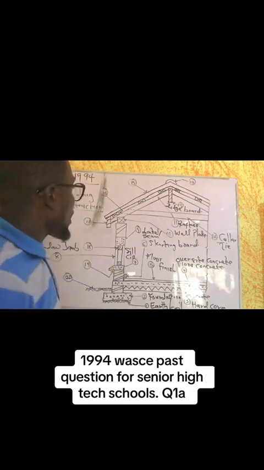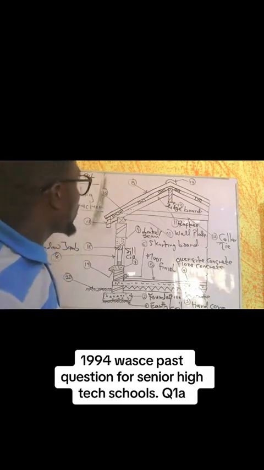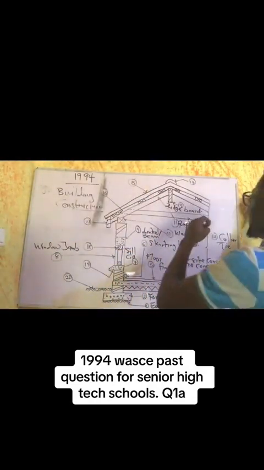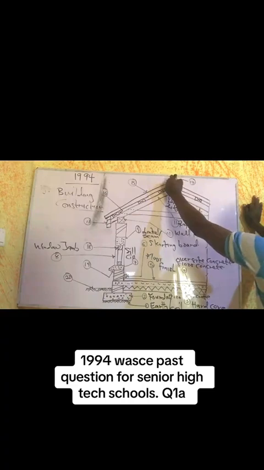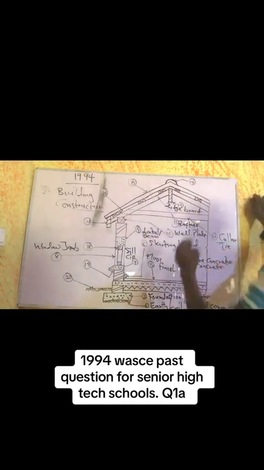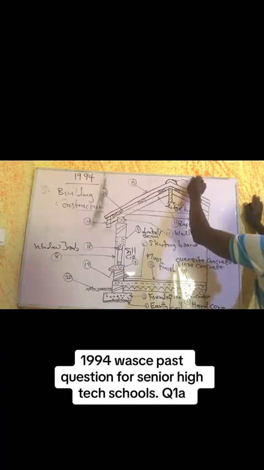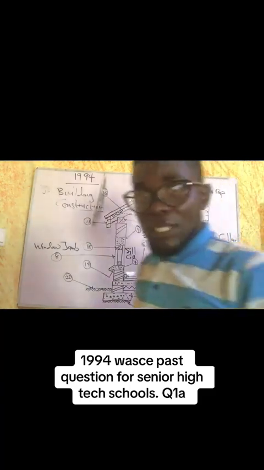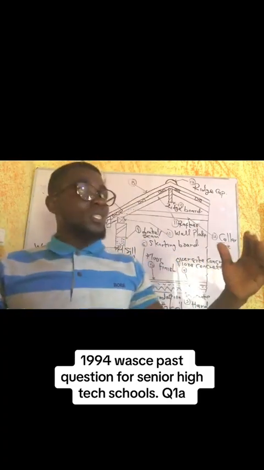Now, after the ridge board, the 14th one is this one. We call it ridge cap. It receives the roofing.